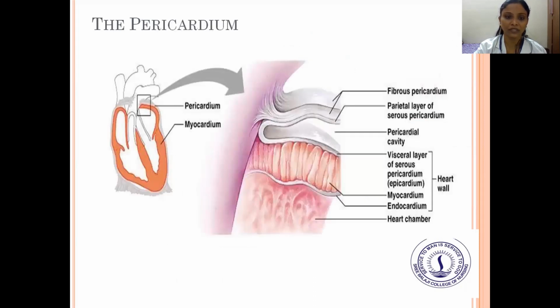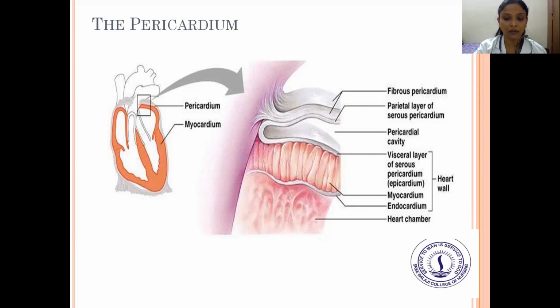You can see in this picture the pericardium and the myocardium. The outer layer is the pericardium and the inner layer is the myocardium. Can you see the parts of the pericardium: the fibrous pericardium, the parietal layer of the serous pericardium, the pericardial cavity, the visceral layer of the serous pericardium, that is the epicardium, then the myocardium, endocardium, and the heart chamber.